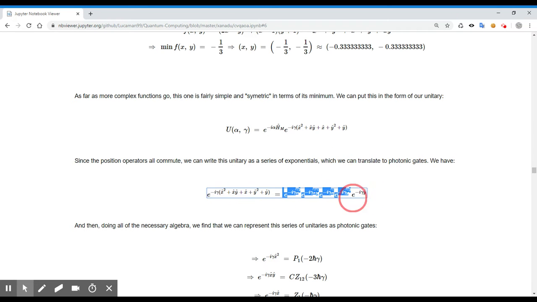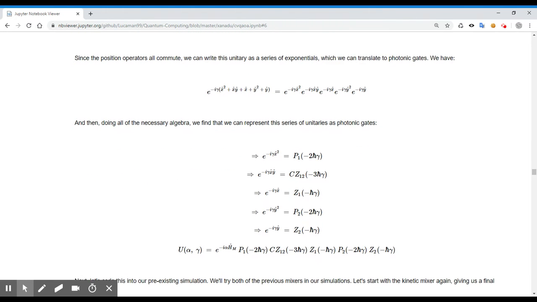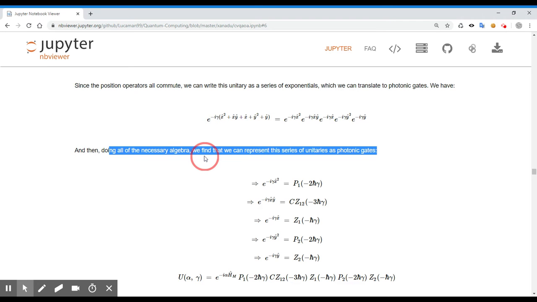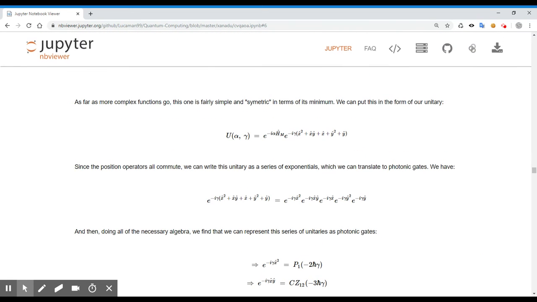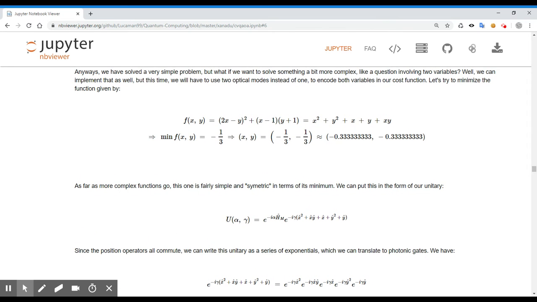So you basically got that thing, and then doing all of the necessary algebra, we find that we can represent this series of unitaries as the following photonic gates. Now that gets interesting because there is a control Z gate I see here. Which kind of makes sense because it expresses a relationship between the X and the Y, right?